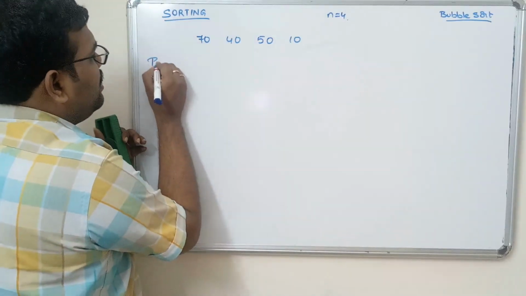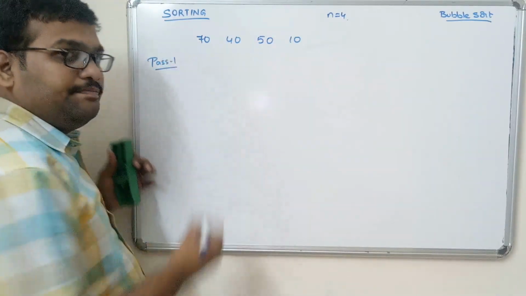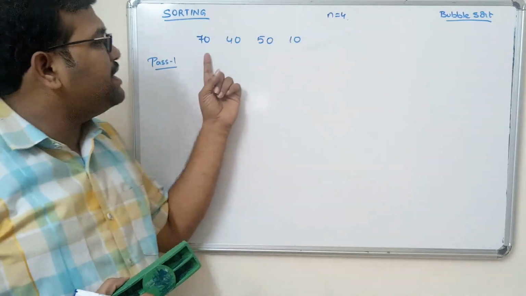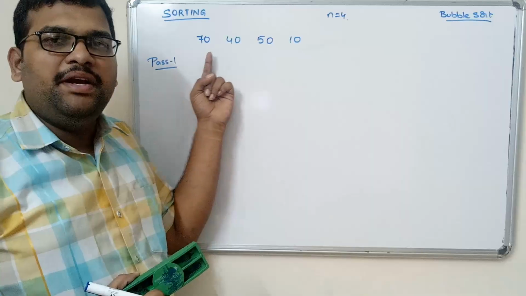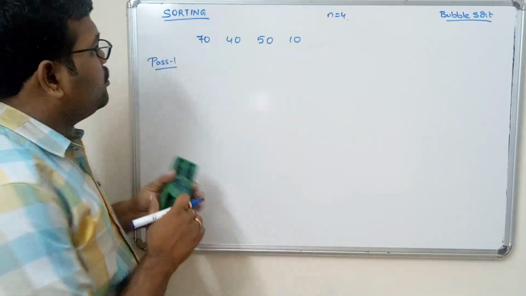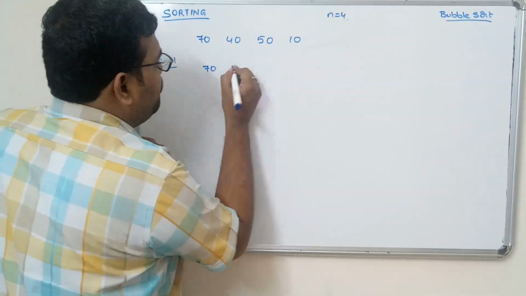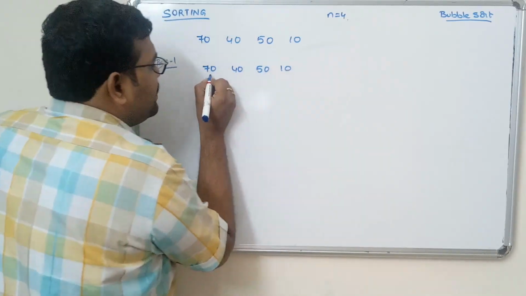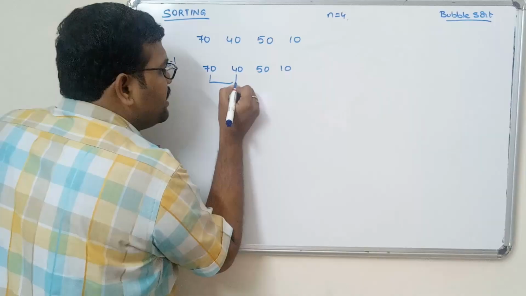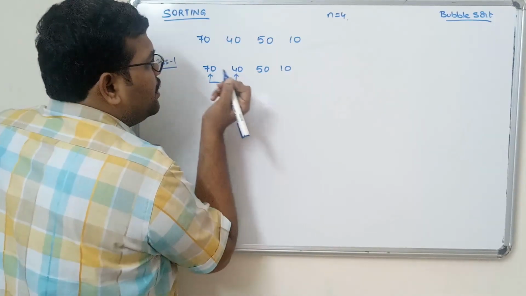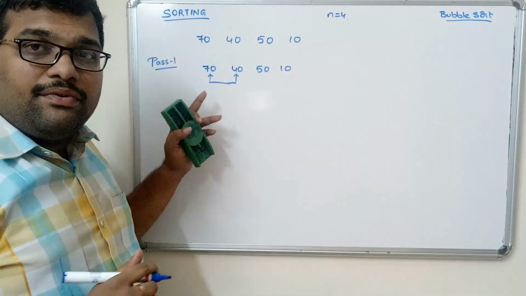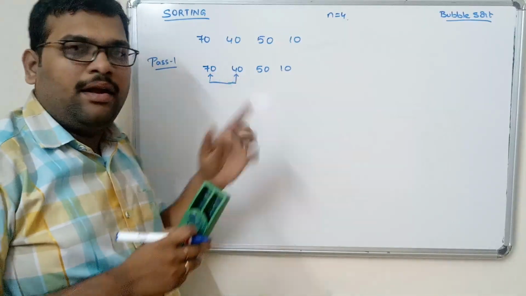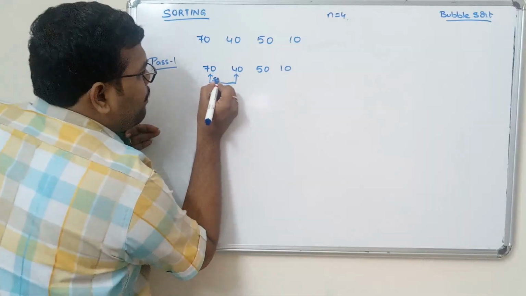Now in the first iteration, we have to compare the first element with the immediate next element. The input for the first pass is the first element and second element. If the first element is greater than the second element, perform the swap operation.